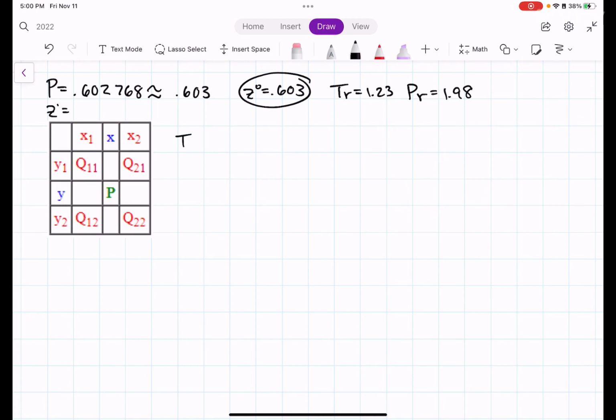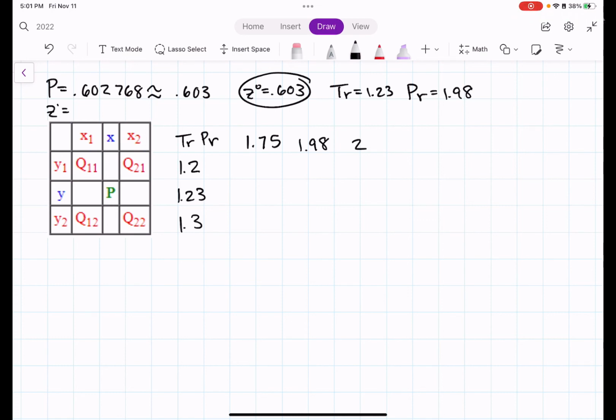The TR values we chose were 1.2, with 1.23 in the middle, and 1.3. Our PR values are 1.75, then our actual PR value, 1.98, and then 2 right here.